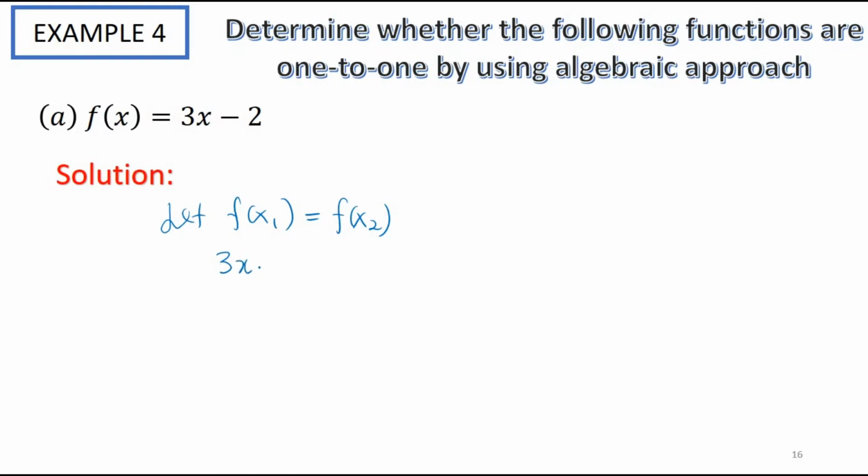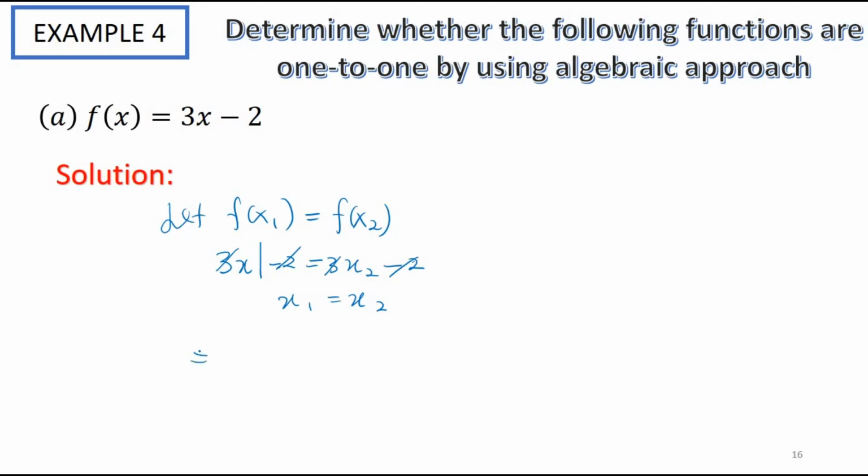So we have 3x1 minus 2 is equal to 3x2 minus 2. So we can cancel off negative 2 and negative 2, and then we can also cancel off the 3. So we get x1 is equal to x2.